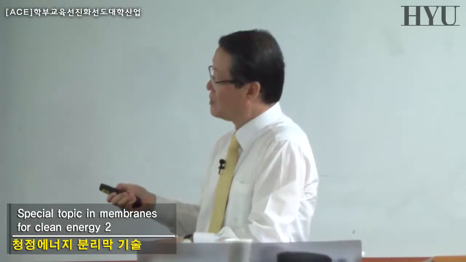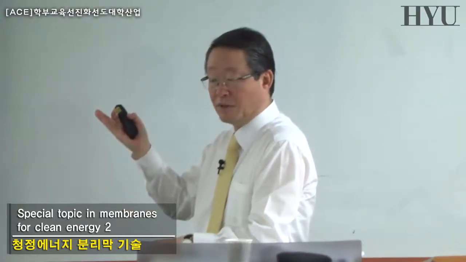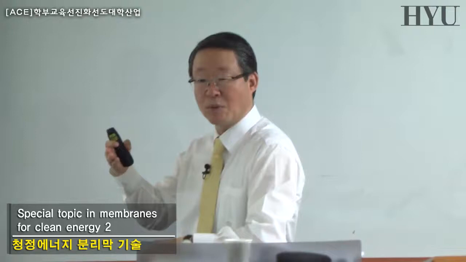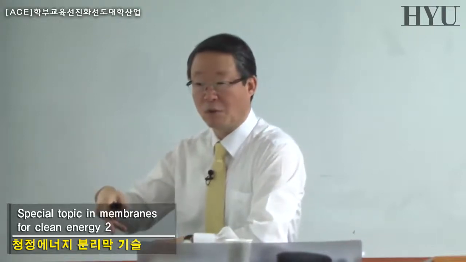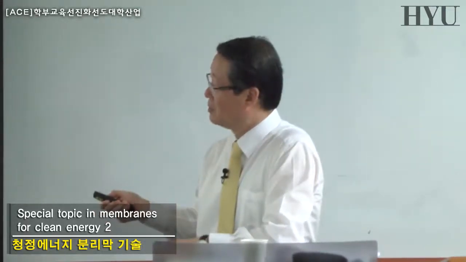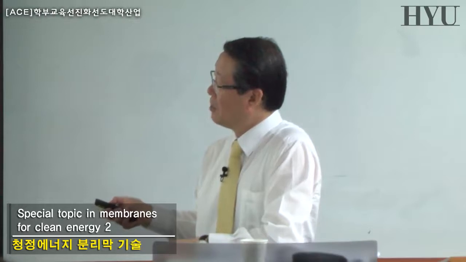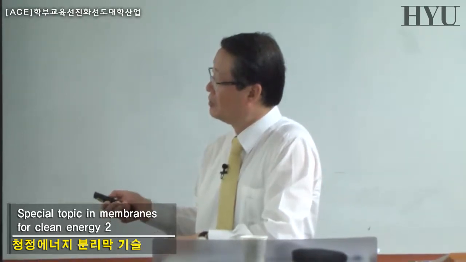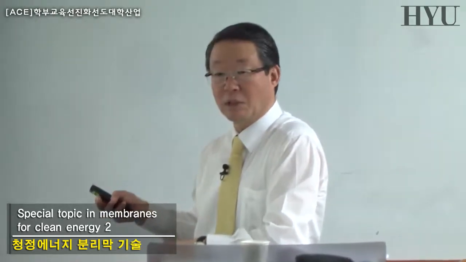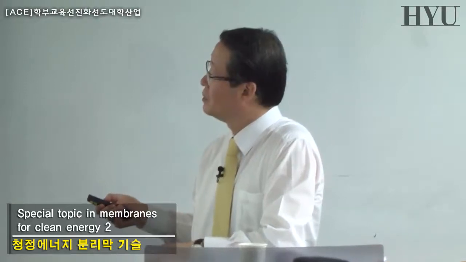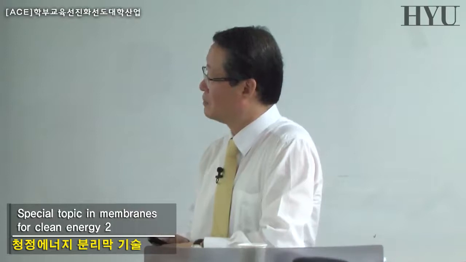If your membrane is highly porous in nature, then LP might be higher. If you're dealing with a dense membrane, then LP might be quite low. So this might be a constant for the flux. So flux depends linearly on the permeability, but this flux also depends upon the pressure and the viscosity.